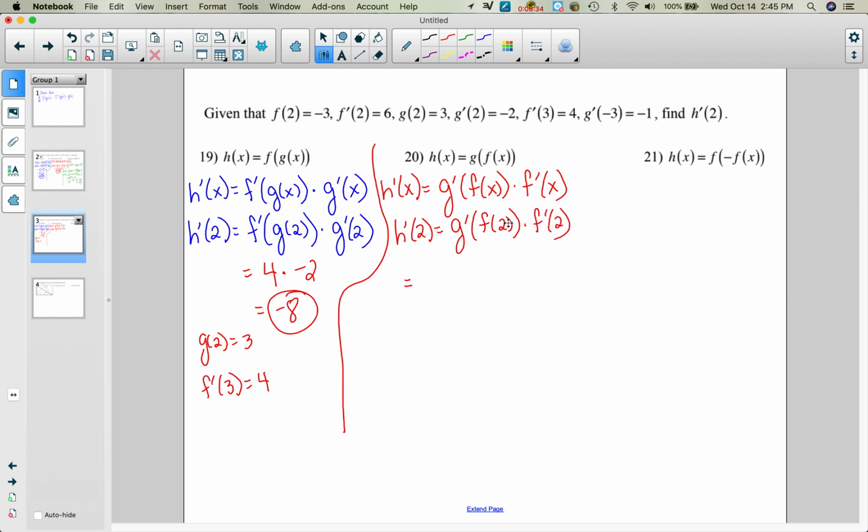So f of 2 is negative 3, so then I need to know what g prime of negative 3 is, and it's negative 1. So this whole thing right here is a negative 1, and then f prime of 2 is 6, so my answer is negative 6. If you didn't follow that, you can go back and rewind.